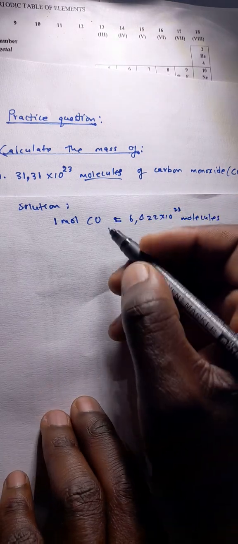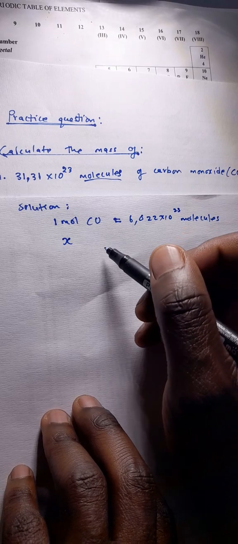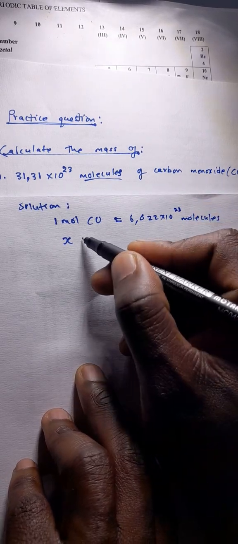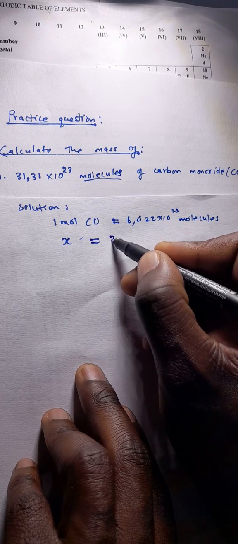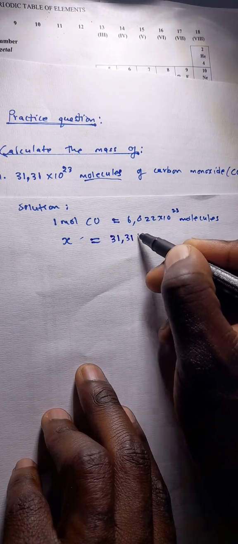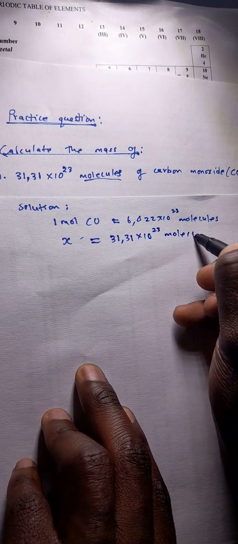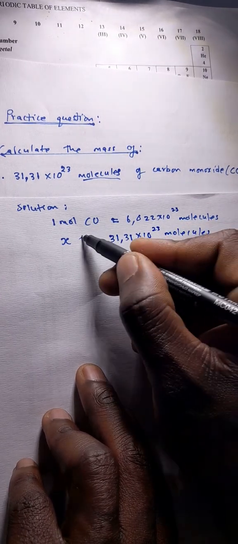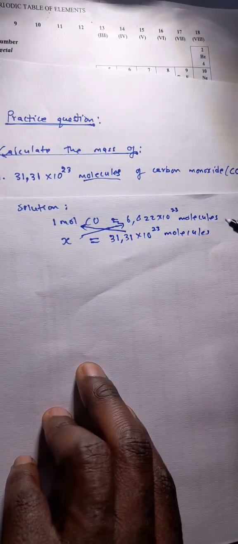So we are looking for the moles so that we can get the mass. The moles of carbon monoxide that will give us 31.31 times 10 to exponent 23 molecules. This is a very simple method.